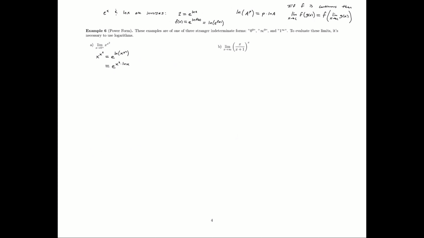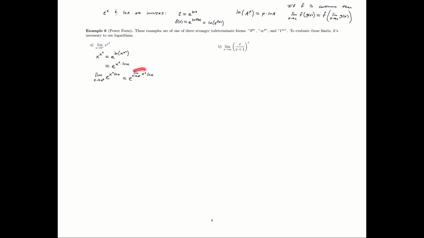So since e is continuous, we know that the limit as x goes to 0 from the right of x to the x squared, let's go ahead and replace this, we know that this is the same as this, has to be the same thing as e to the limit as x goes to 0 from the right of x squared ln x.